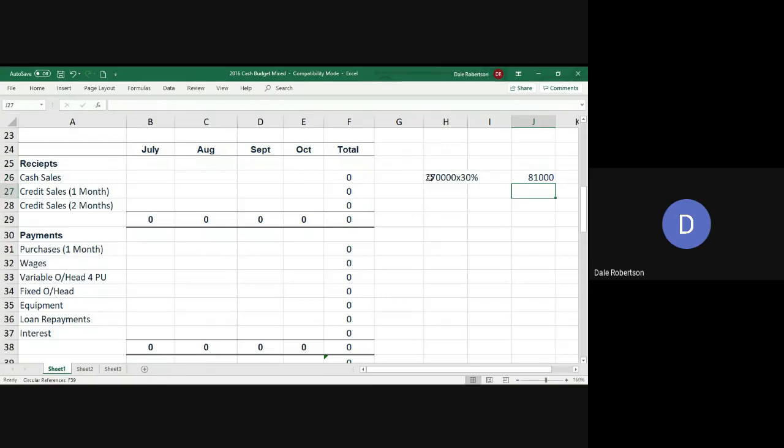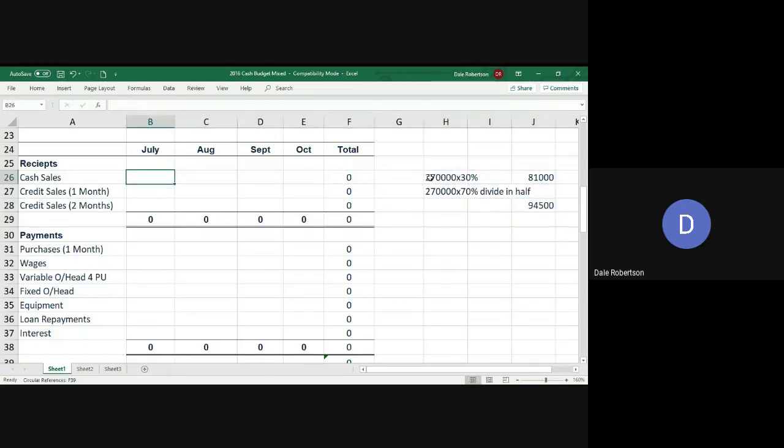And if we multiply that by 70%, then whatever that answer is, you divide by 2 because it's half 1 month and half the next month, and that number there, when you divide it in 2, is going to be 94,500. So how do we represent that in our cash budget table?